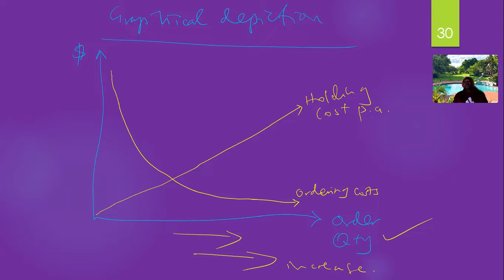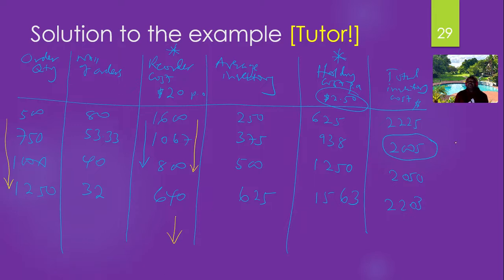All right, now you can see the tendency here: as you can see from these figures, at a certain order size the total price was 2,225.